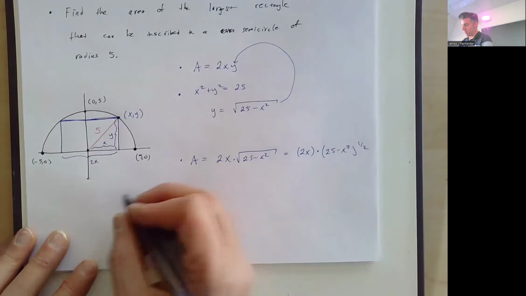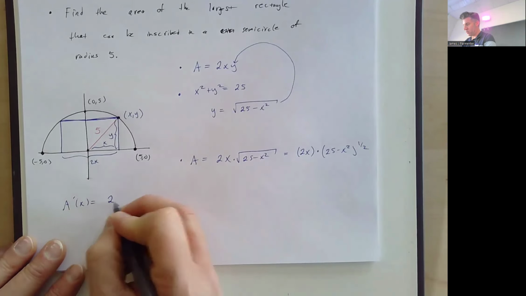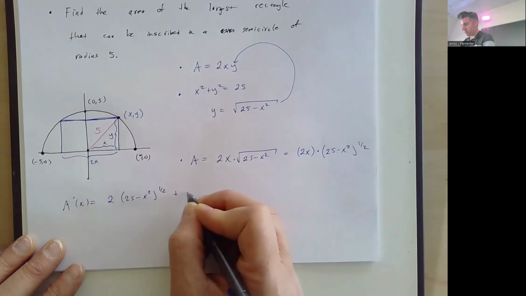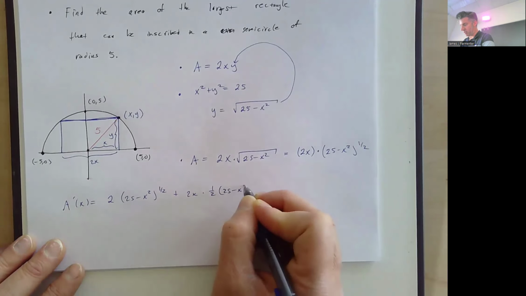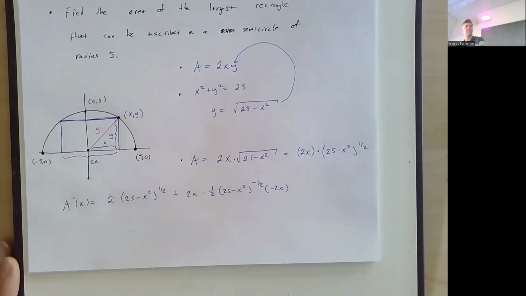Great. Let's take the derivative. A prime of x is going to equal 2 times (25 minus x squared) to the 1/2 plus 2x times 1/2 times (25 minus x squared) to the negative 1/2 times negative 2x. Gross.